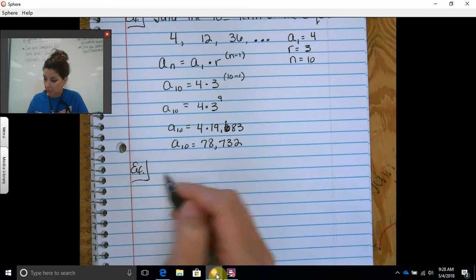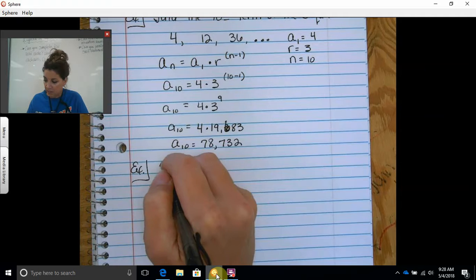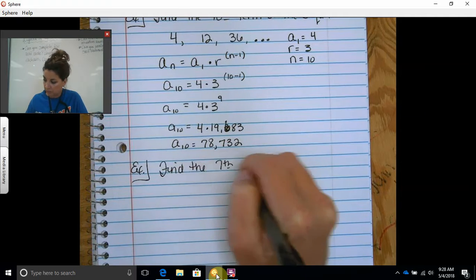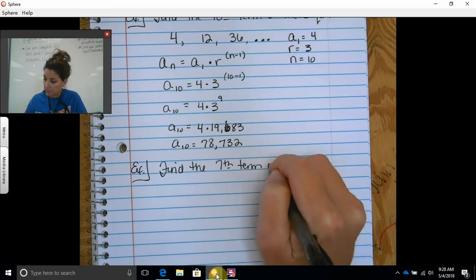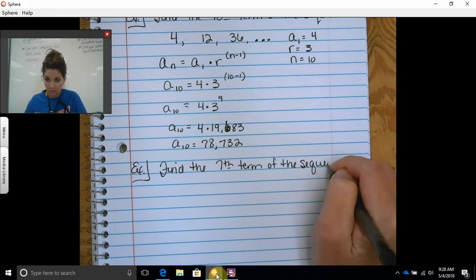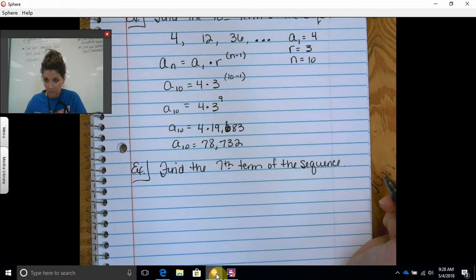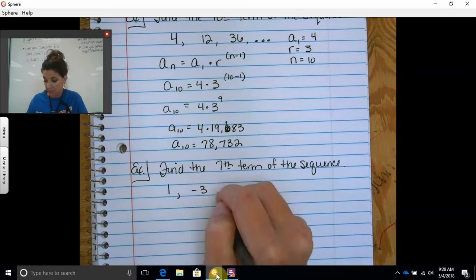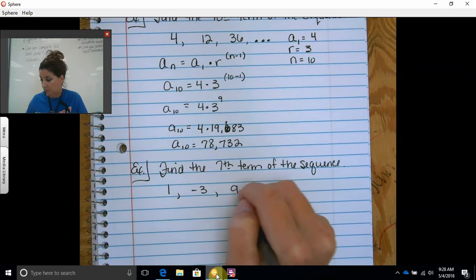So easy. All right, on this one, find the 7th term of the sequence. We have 1, -3, +9.